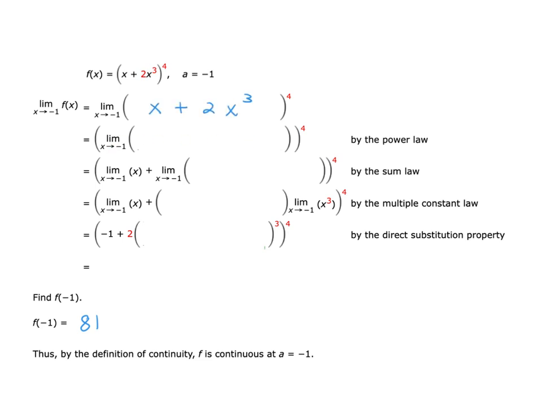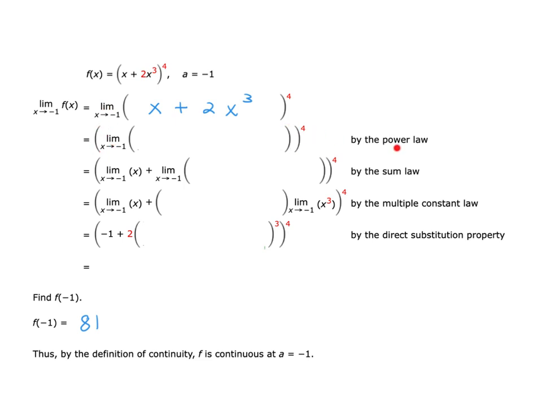For this next line, it's saying that we're using something called the power law. When we discuss these types of laws in class, it's not really important that you know them by name. You just have to make the observation of what changed from going from here to here. Notice in this step, the limit is outside of the parentheses containing this power of 4. And in the next step, it's now inside the parentheses containing the power of 4.